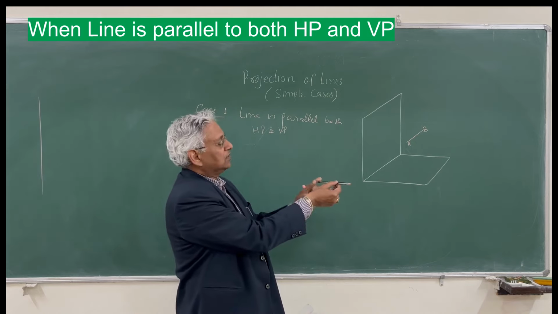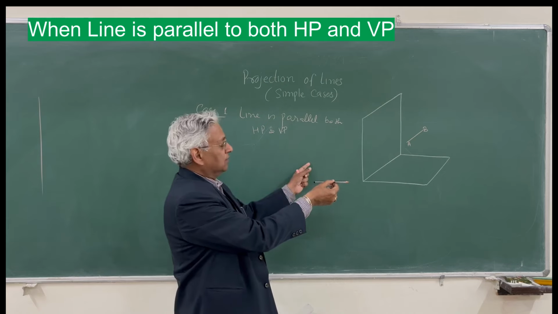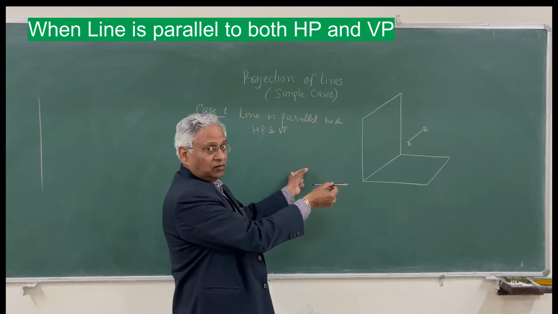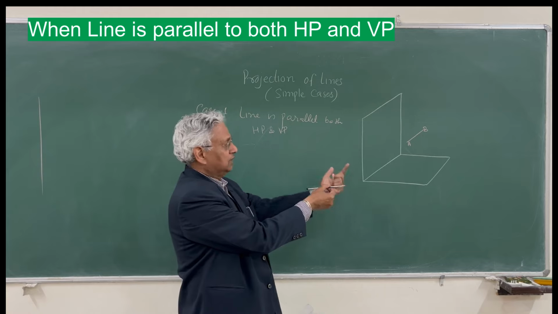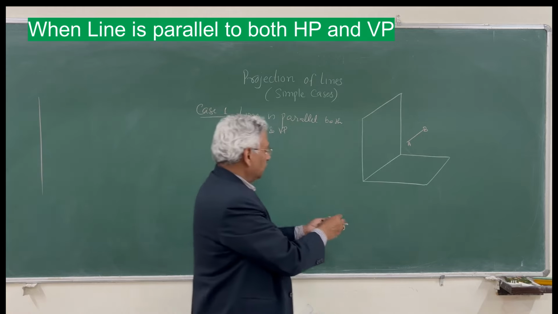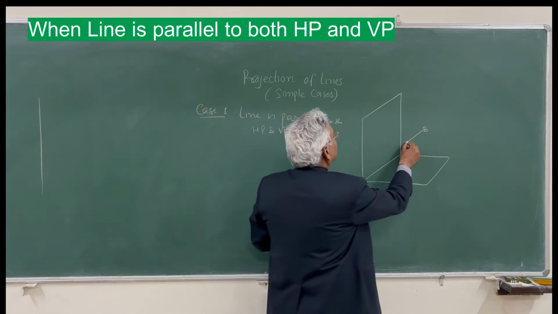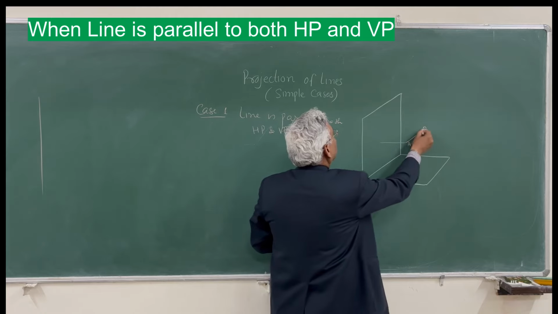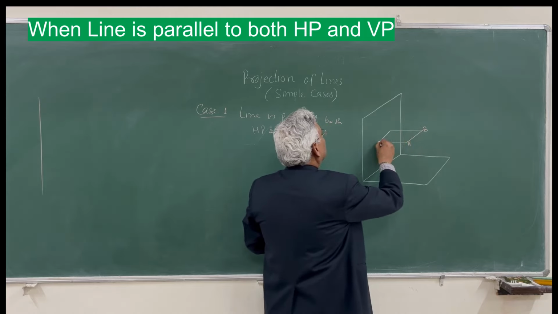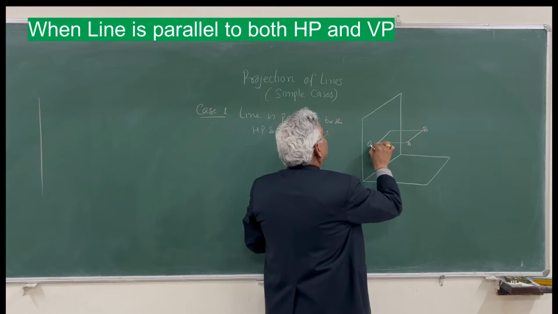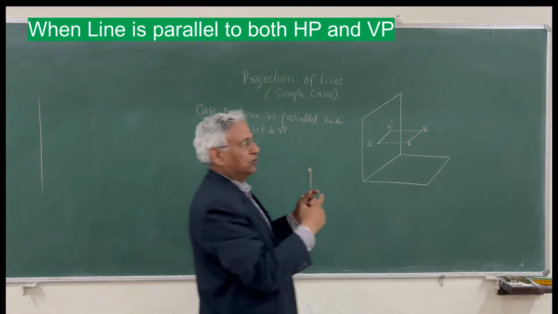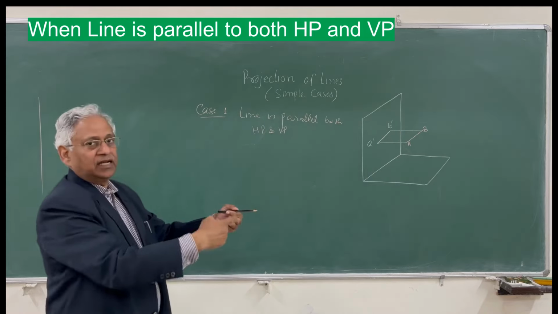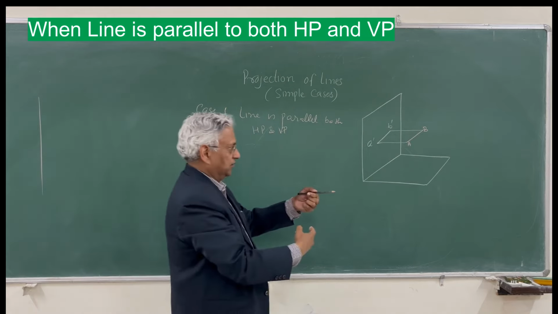So when you project this line on the vertical plane, the elevation of this point and this point will be the same. So A dash B dash will be parallel to the ground line, because both ends have the same altitude, same height.